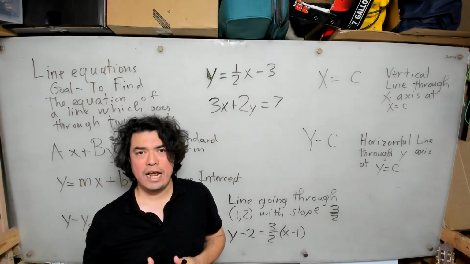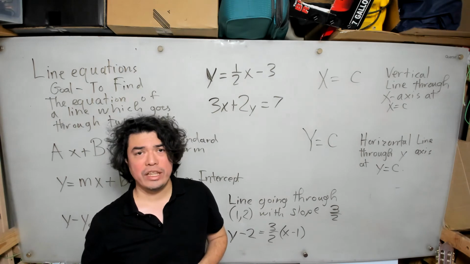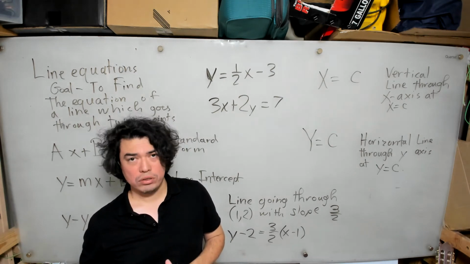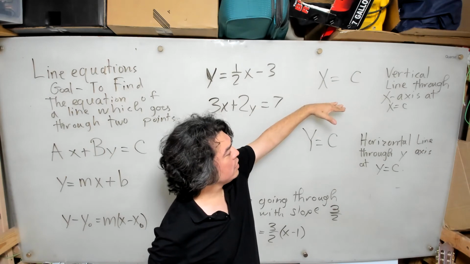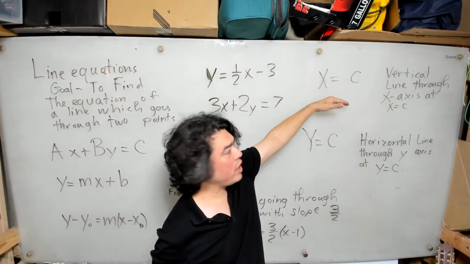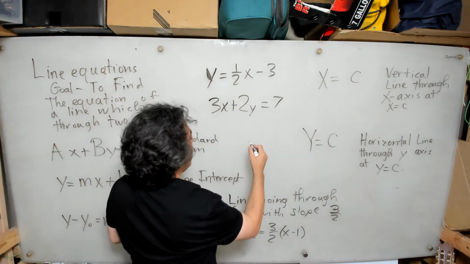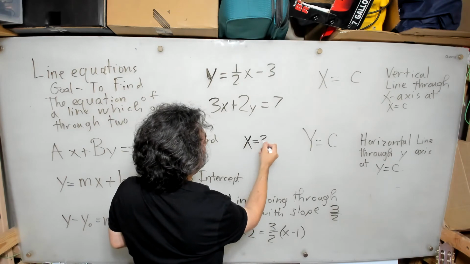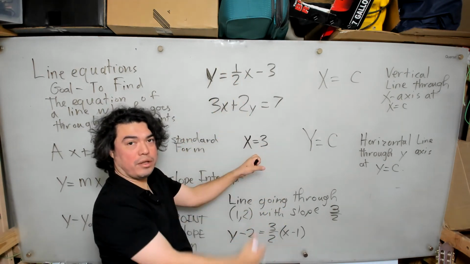For lines that have an undefined slope, we saw that occurred when they were vertical. Now, the equation of a vertical line through the x-axis with x value c will be like this. Okay. So for example, if I were to write x equals 3, that's the vertical line that goes through the x coordinate 3.